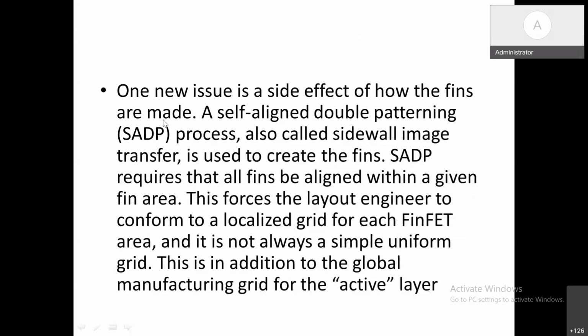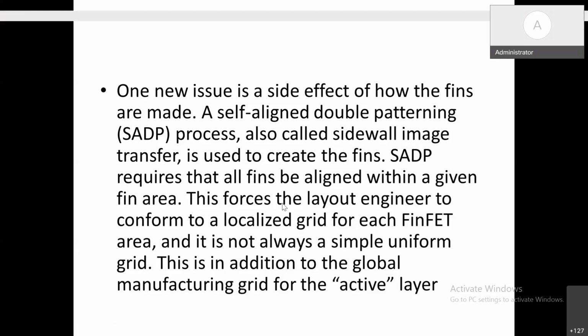This particular challenge is based on the physical concept. What is the side effect of how the fins are made? Here, a self-aligned double patterning process, also called sidewall image transfer, is normally used to create the fins in a FET device. But SADP requires that all fins must be aligned within the fin area.